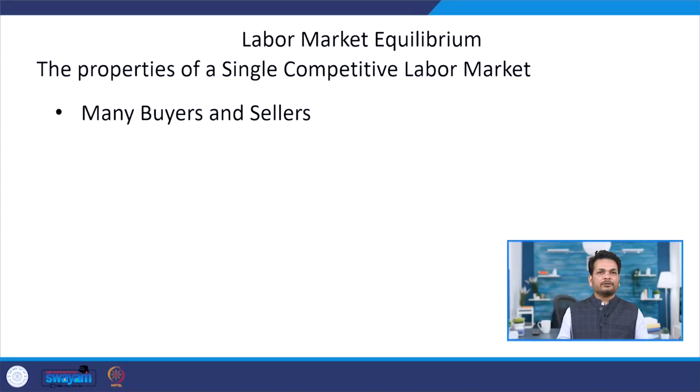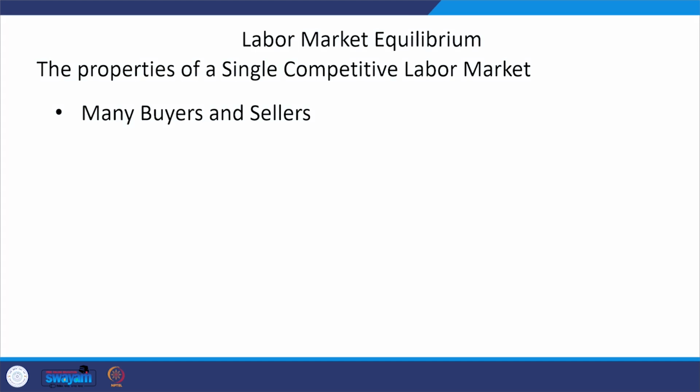So, the property of a single competitive labor market is that there are many buyers and many sellers. In a competitive labor market, there are a large number of employers, or buyers of labor, and a large number of workers, those who are sellers of labor. Both are ensuring that no single entity has significant market power to dictate the wage or employment condition in the economy.